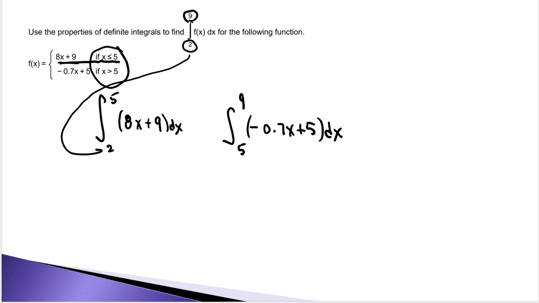So the 2 is down here, the 9 is up here, and the 5 is the dividing line. That's where I have to break it into 2. And then you'll just add your 2 pieces together. So I just wanted to point that out to you.